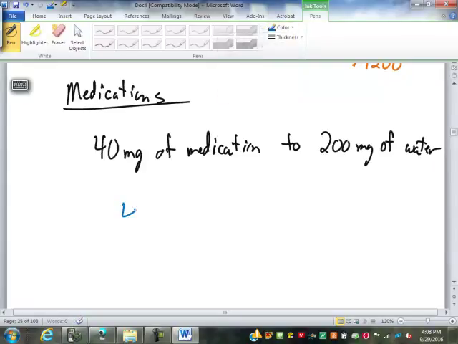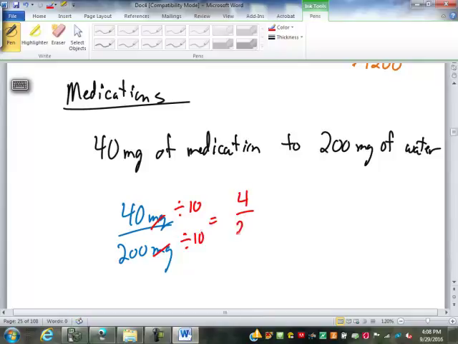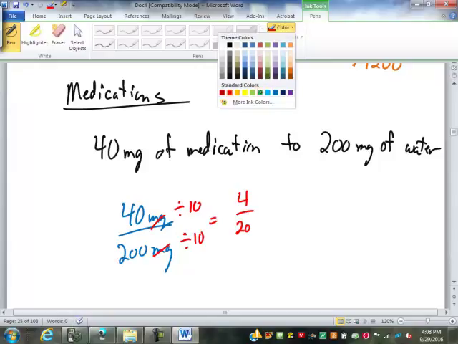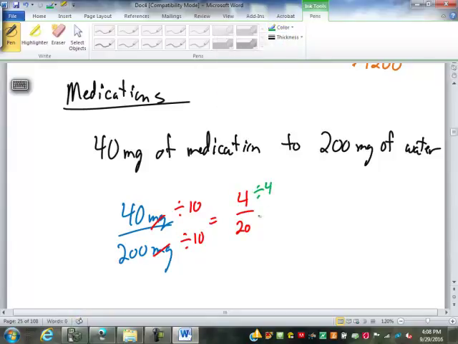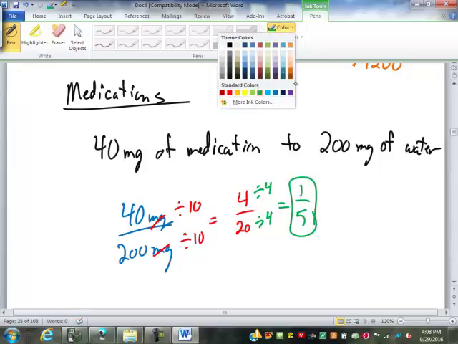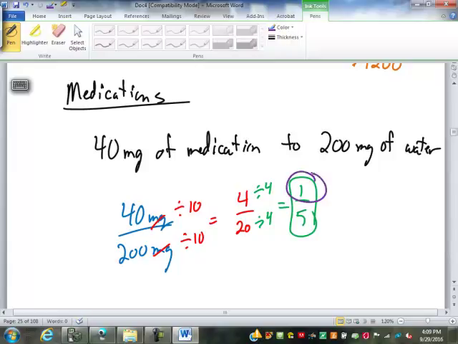So again, that's going to give us a ratio of 40 milligrams to 200 milligrams. The milligrams cancel out. Both 40 and 200 can divide by a lot of things. Let's do 10 and then zeros. That's 4 out of 20. Both of those can still divide by 2, or 4 works too. That gives a 1 to 5. So again, for every unit of medication, we're putting in 5 units of water.